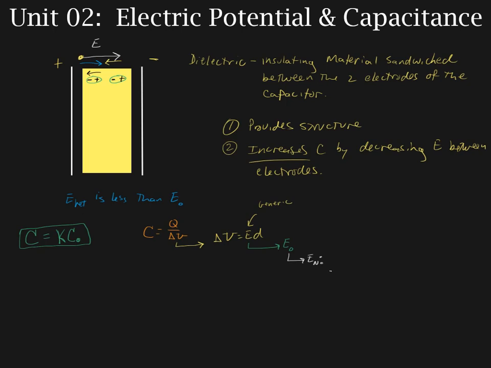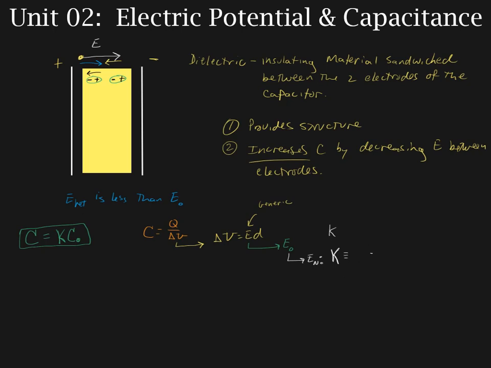And how do we get E nu? Well, to do that, we're going to look at the definition for the dielectric constant. And the dielectric constant is kappa, and kappa is kind of curvy compared to a K, which tends to be straight lines. You're going to have to figure out how to write that one for yourself, by hand.